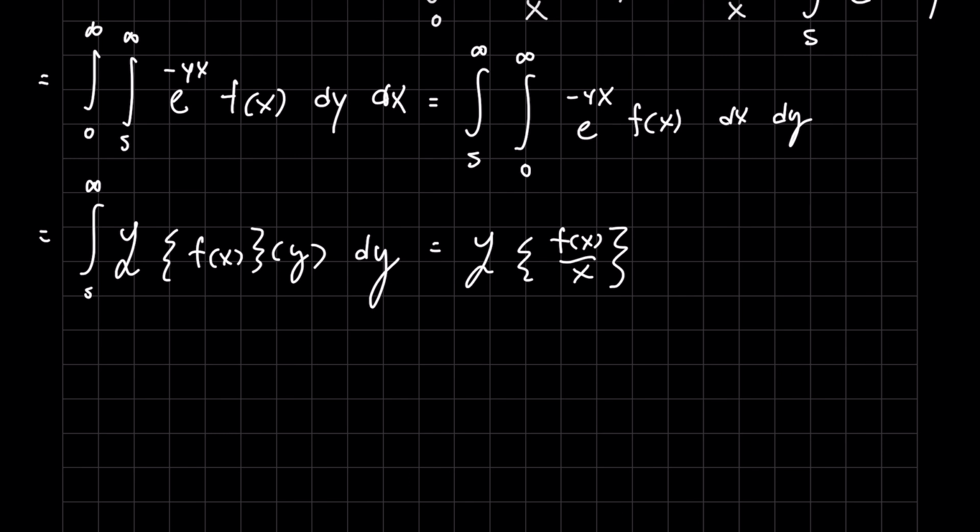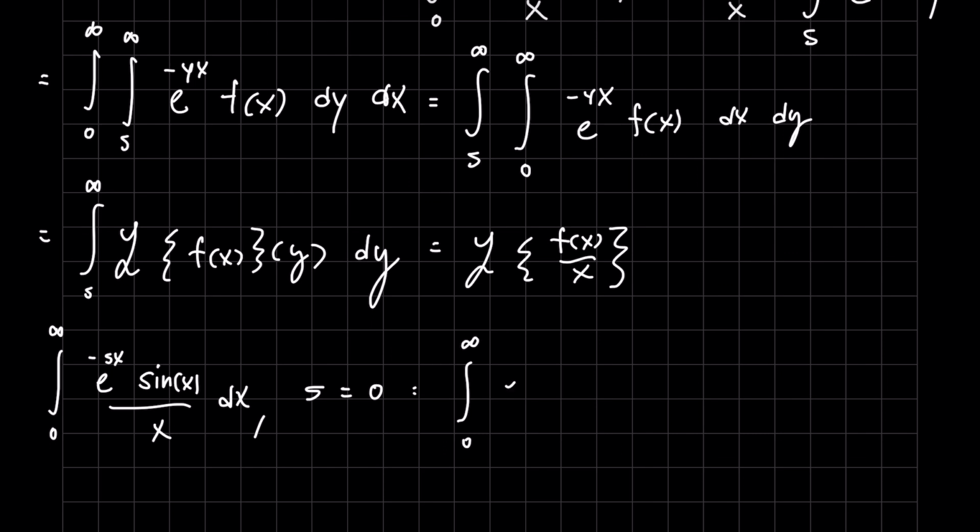And so we're going to consider the integral from 0 to infinity of e to the minus sx sine of x over x dx. And notice that when s is equal to 0, we have the integral from 0 to infinity of sine of x over x dx. But that's the integral we want.